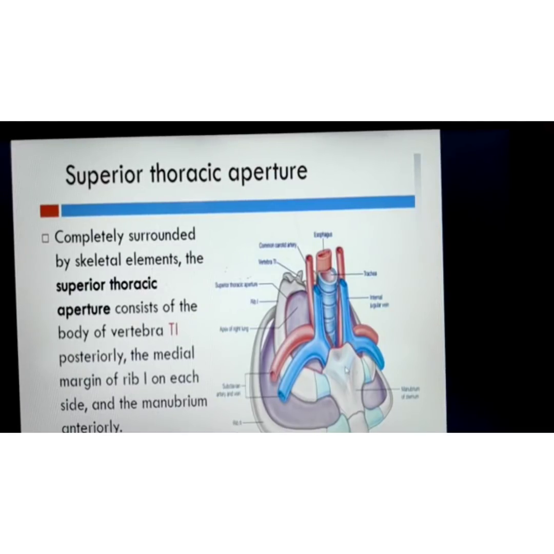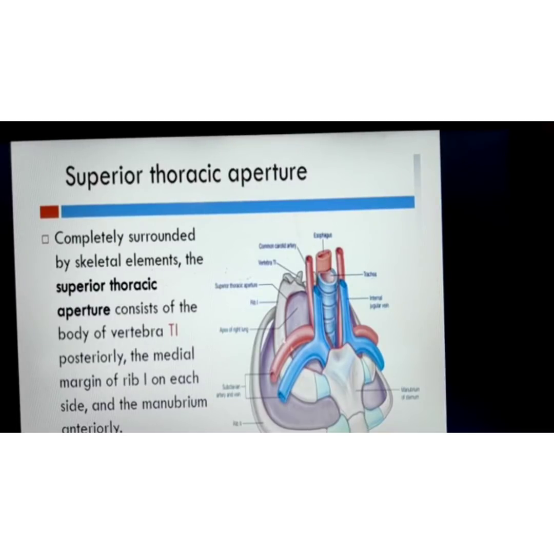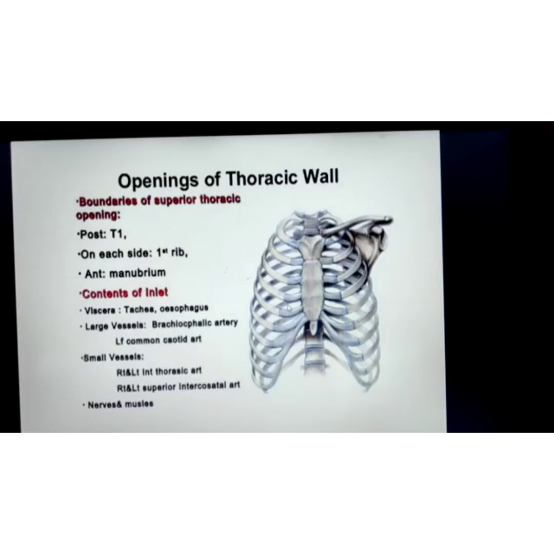So I can say these are the boundaries of the superior thoracic aperture. Anteriorly bounded by manubrium sterni, posteriorly by the first thoracic vertebra, on either side by the inner border or the medial border of the first rib.